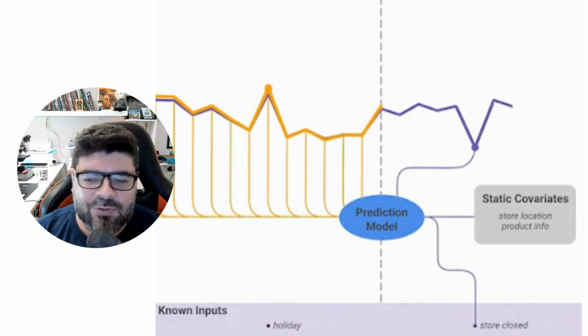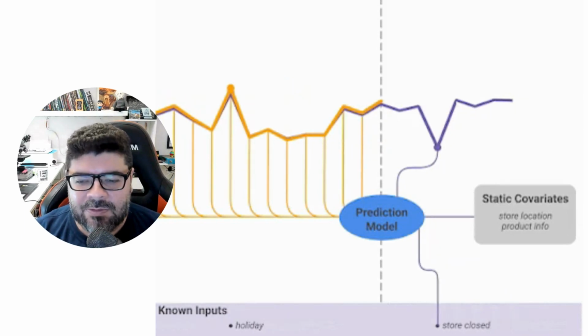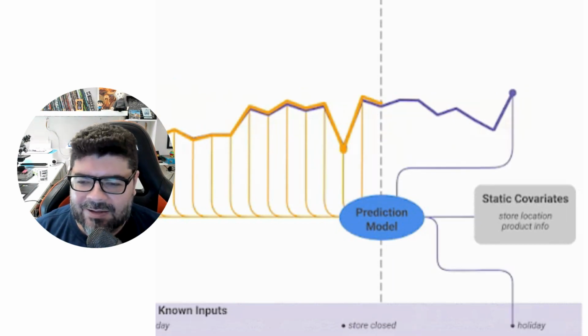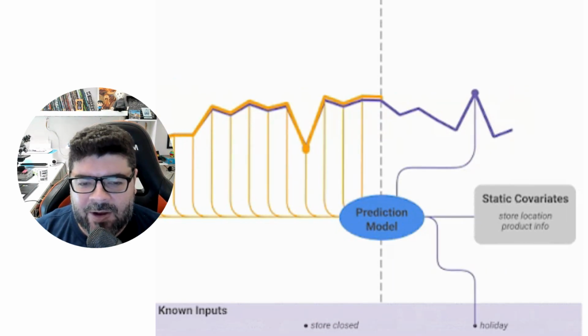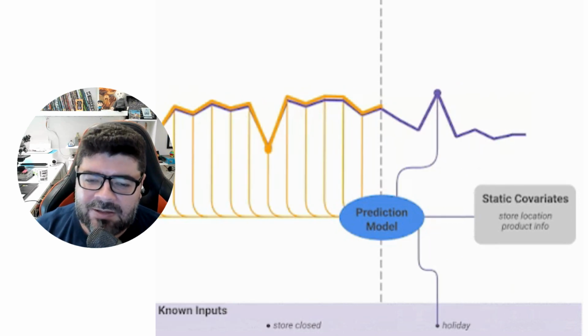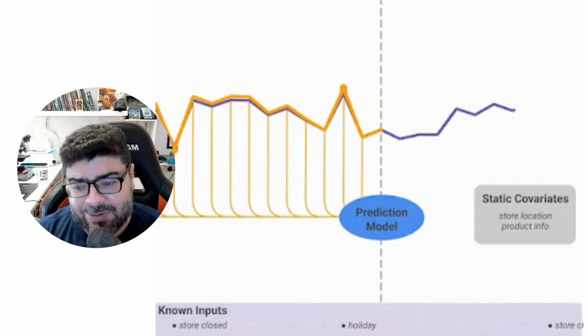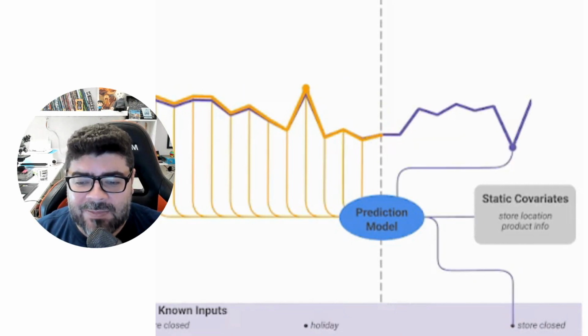Usually, you have two kinds of variables. You have the static covariates. The static covariates are variables that don't change in time, like store location. The location of the store is the same in all the time series.